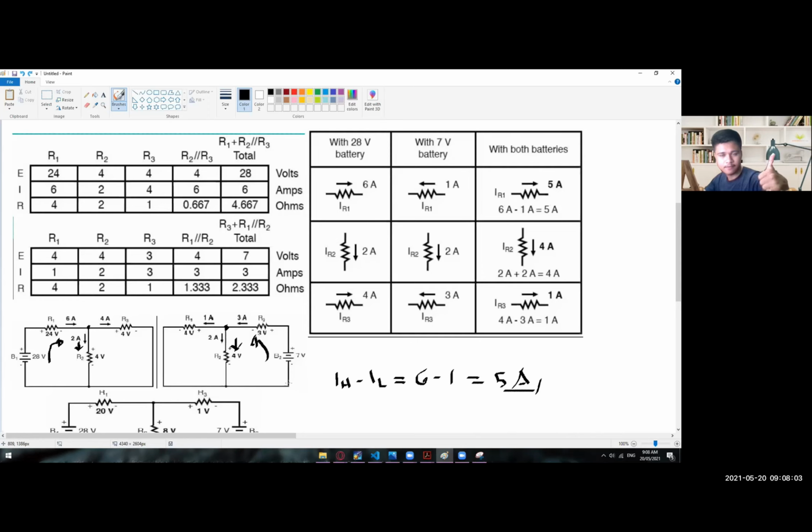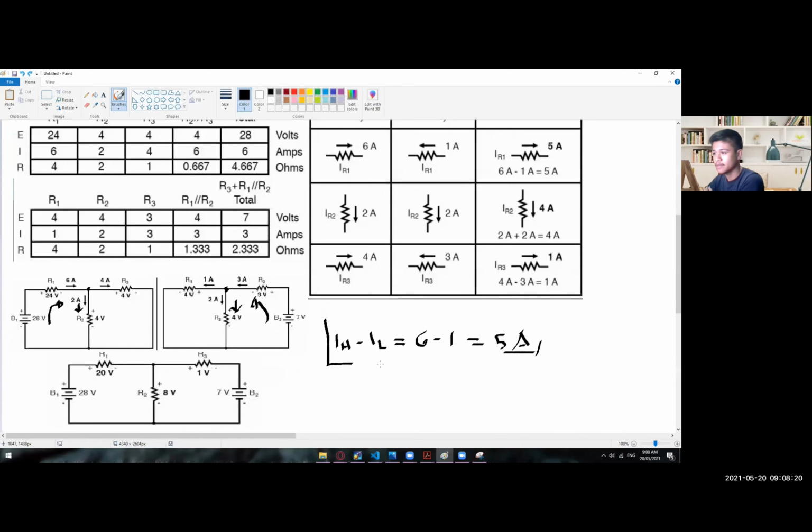Just give me a thumbs up if it's okay, or if not, just raise your hand. Yes, Mr. Awas, if it's the same direction, add. If they have different direction, of course, this will be applied: IH minus IL.